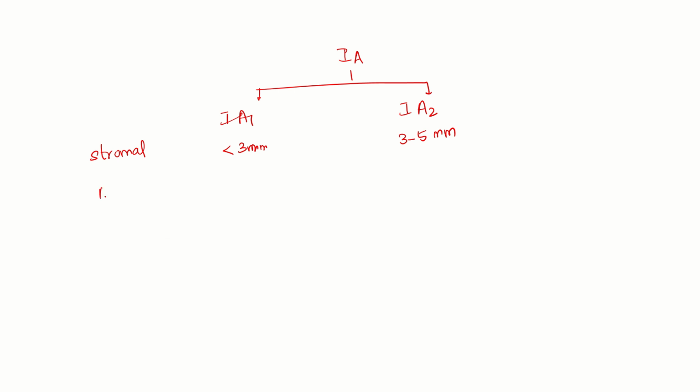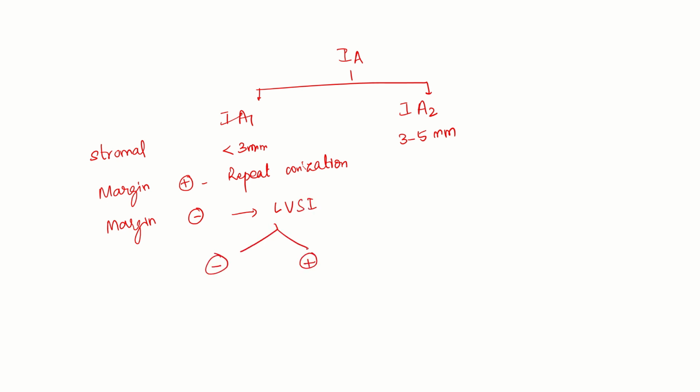In these patients, if the margin is positive, then a repeat conization should be performed. Whereas if the margin is negative, then we should look at LVSI, lymphovascular space invasion, whether it is absent or present.